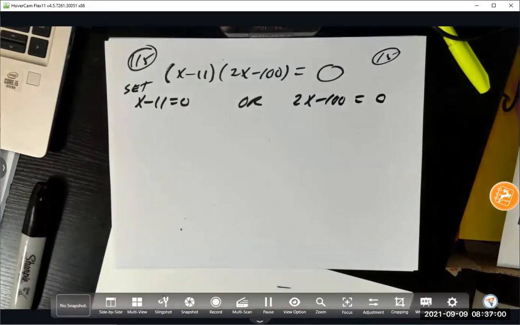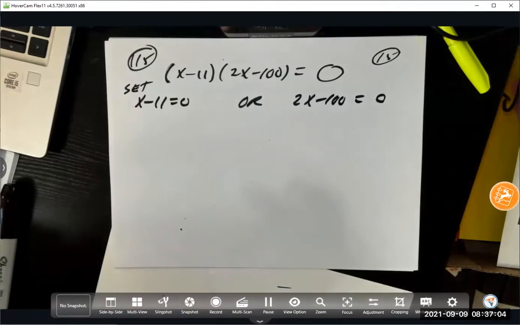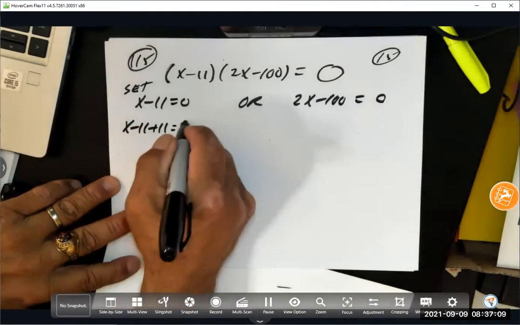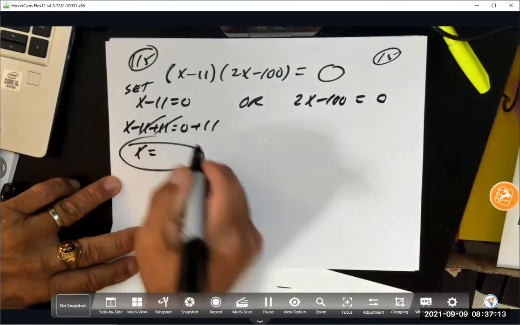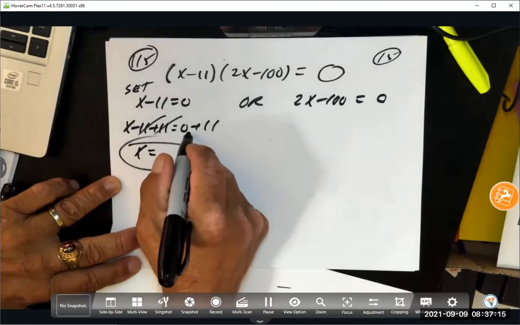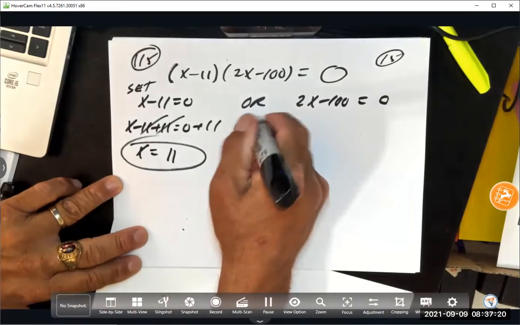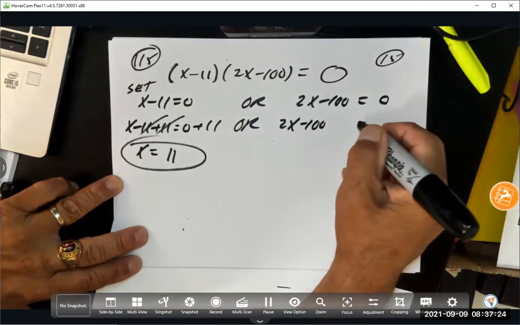So now how do you do the left one? This one. Add 11. Yes, exactly. Add 11, add 11. These are gone. So x is, tell me. 0 plus 11 is 11, yes or no? Okay. Other side. 2x minus 100, what do you do? Add 100 to both sides.